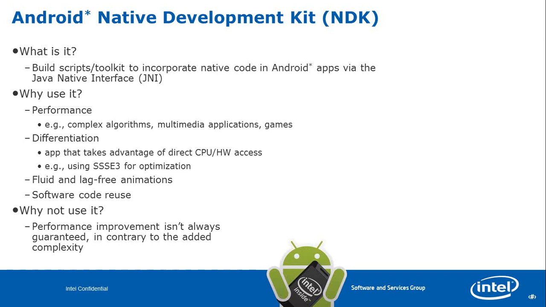As soon as I say C and C++, people are very excited because we are very comfortable in C and C++. There is a channel in the Android SDK where you can port your native code using JNI, that is Java Native Interface. This interface helps you in porting your native code into the application.